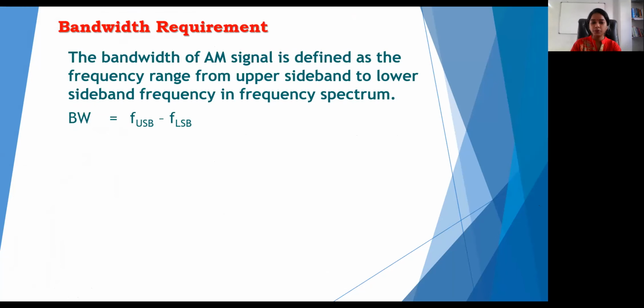Bandwidth means what? You all know the formula for bandwidth, how we calculate it.